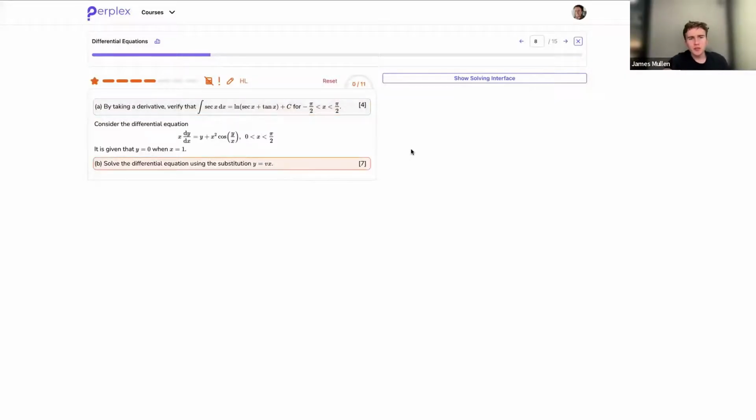We're told to use the substitution y is equal to vx to solve this differential equation. So what I'm going to do is first rewrite this differential equation, substituting in y is equal to vx. So I have x d over dx of vx is equal to, now y is vx, so vx plus x squared cosine, and y over x is just v, so cosine v.